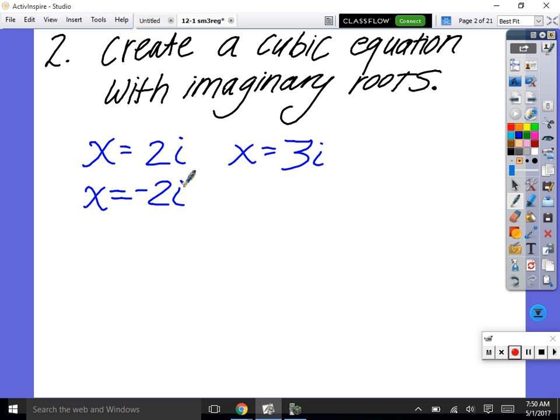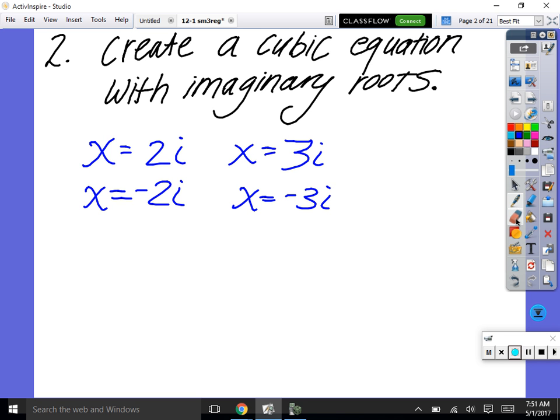So if 3i is a solution, what has to be a solution? And all of a sudden, we have 4 roots. We can't have 4 roots, it's cubic. Because if you have 3i as a root, then -3i is a root. 1, 2, 3, 4. Imaginaries come in conjugate pairs. You can't have an i without a -i as a solution. Does that make sense?